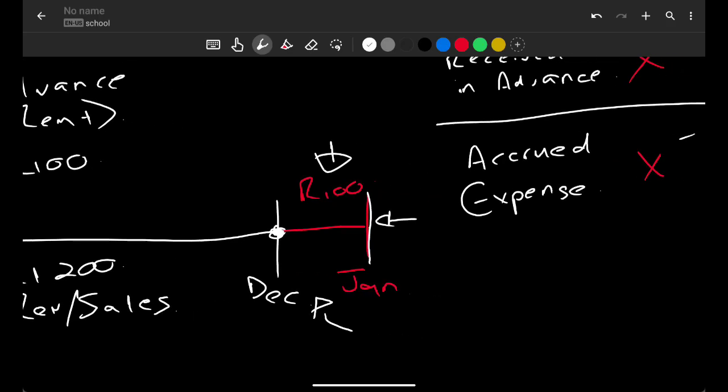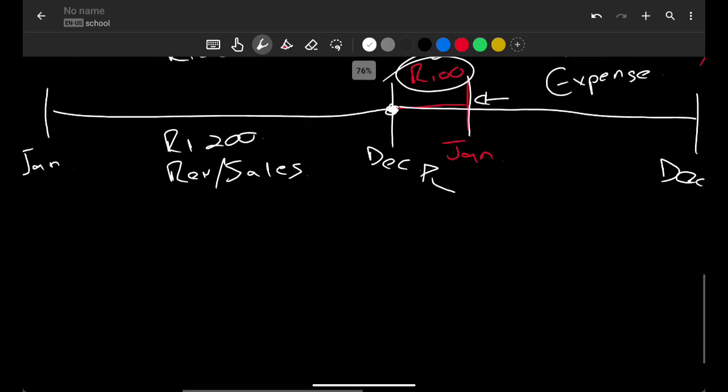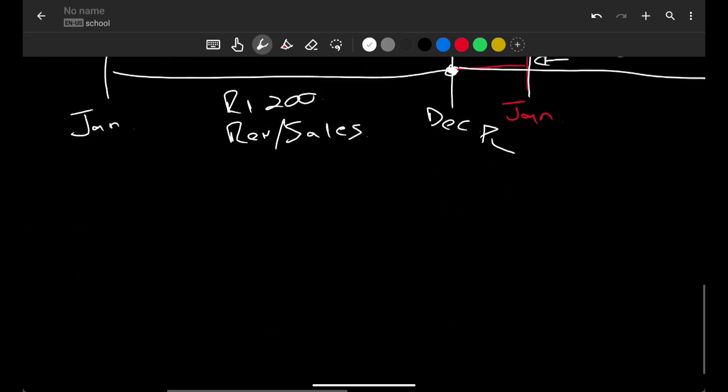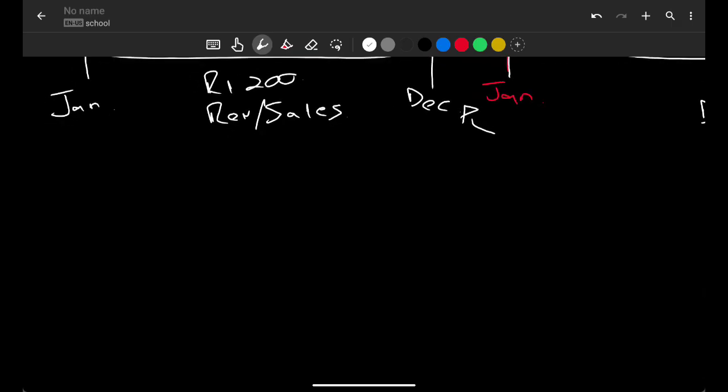Now, once the new year begins and January is part of that year, then we can say that this 100 rand is now recognized as income and it's no longer a liability. So the way this would look if you're doing your journals is that when you first receive the amount, say they paid rent.